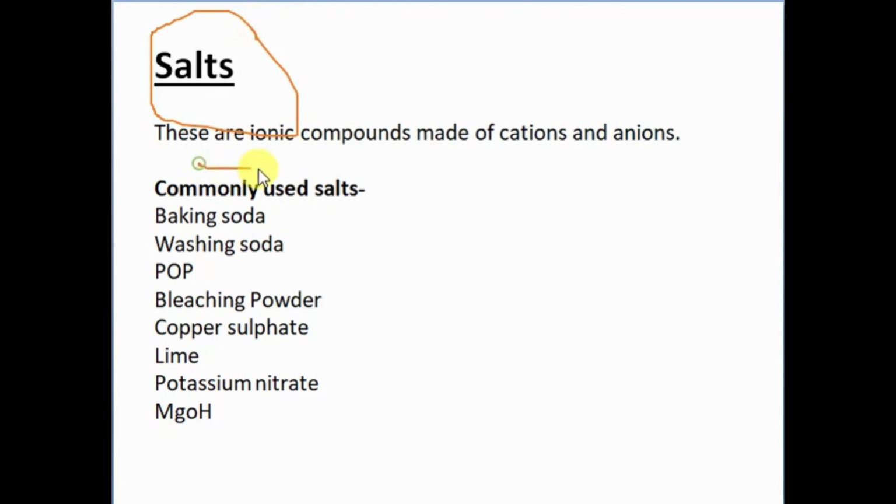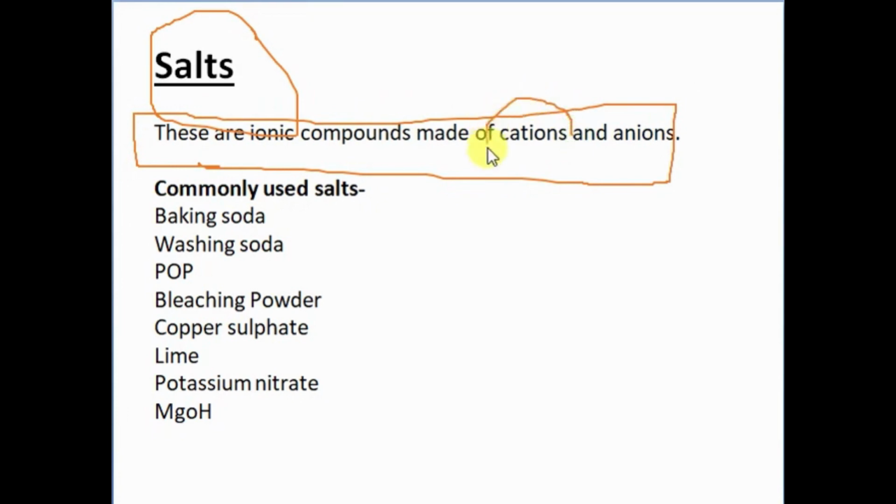These are ionic compounds made of cations and anions. Now these two terms, cations and anions, I hope you all must know by this point of time, because I've already discussed what cations are, what anions are, and how they are formed, in my previous lesson. So if you have it, do watch it.